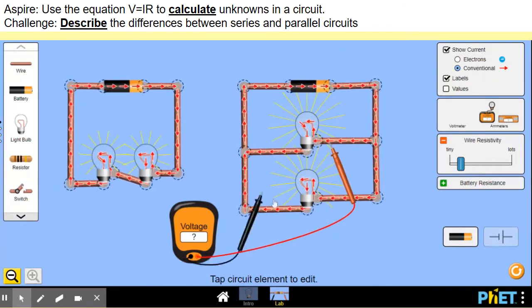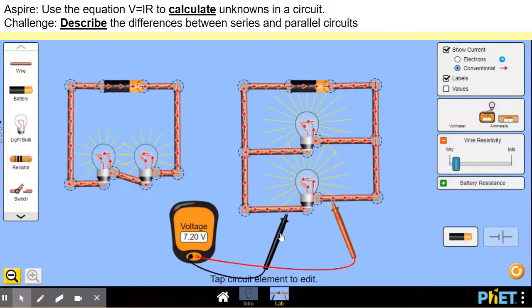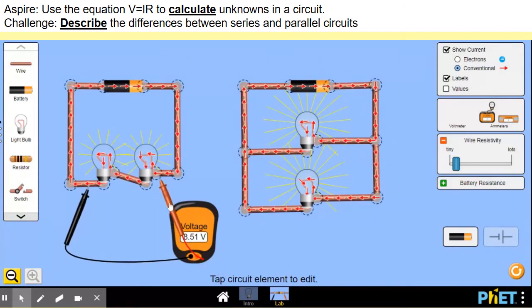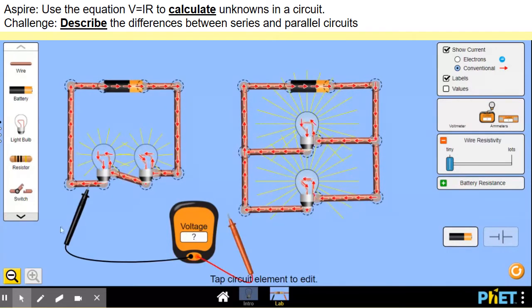So if I now put that across there, you'll notice it's not quite 9 volts because some of the potential difference is across the leads themselves, and the same down here. And if I put it here, it'll no longer be all of the 9 volts because of the resistance on there. So just bear in mind, if you do this practically in a lab, you've got to think about it. The numbers won't be perfect, and that'll be the same when we look at current in a minute. But I'm going to get rid of that for now because I don't want to overcomplicate things.